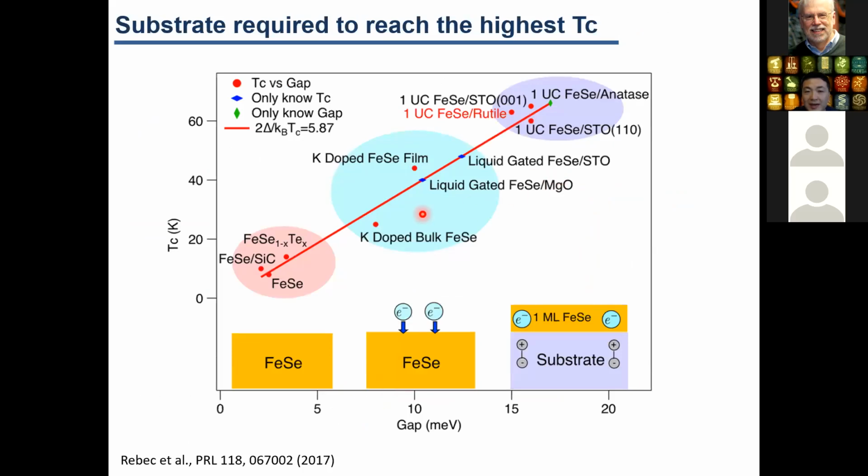So people actually summarized the different samples and found out the following. This is the bulk iron selenide, and this is iron selenide multi-layers if you dope it from the top. Interestingly, only the monolayer on a substrate reaches the highest TC.